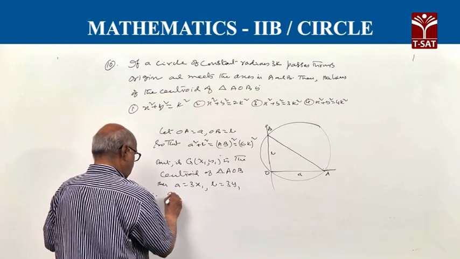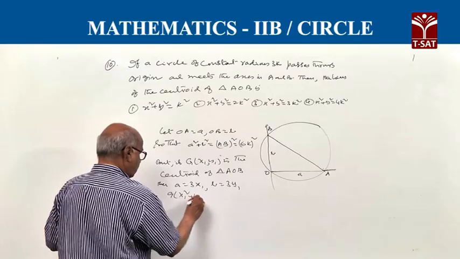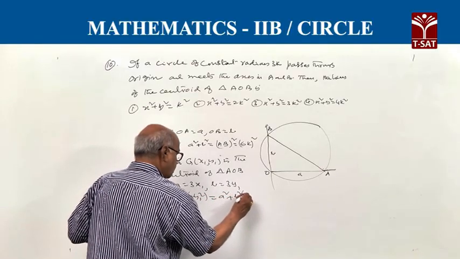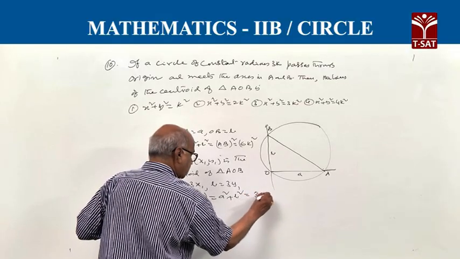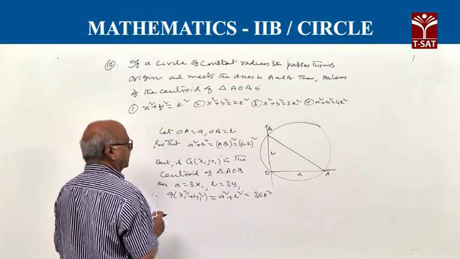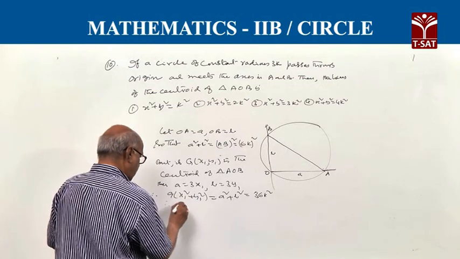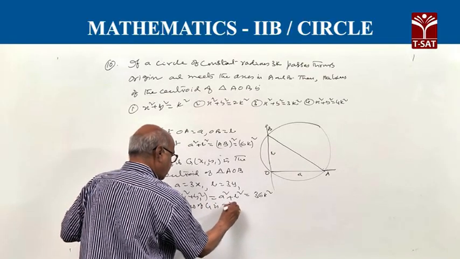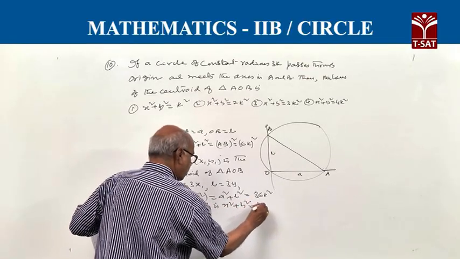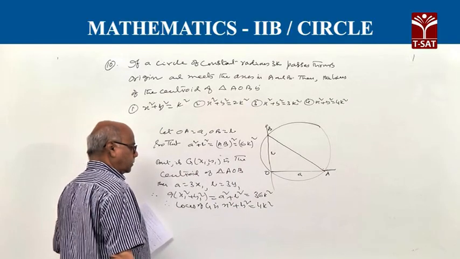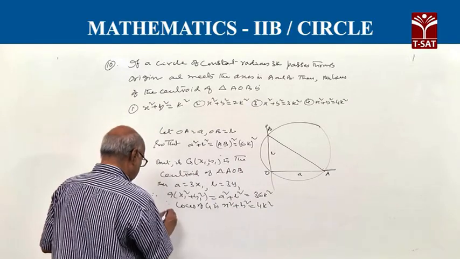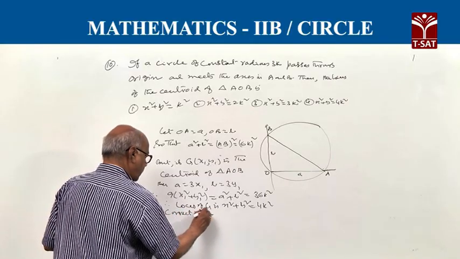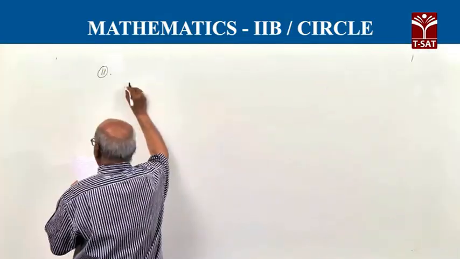So, therefore, 9 into (x1 square plus y1 square) is equal to a square plus b square, which is 36k square. So, therefore, locus of G is x square plus y square is equal to 4k square. So, correct option is number 4.